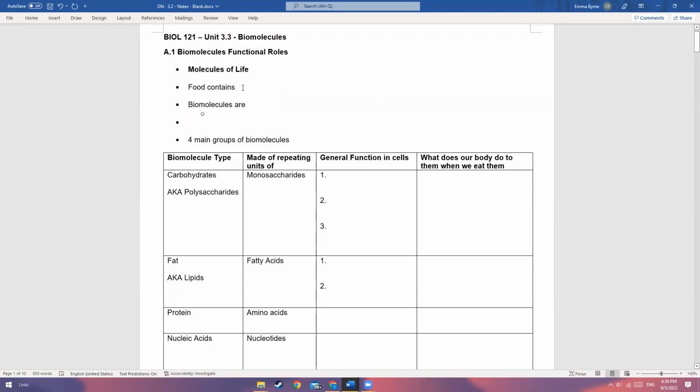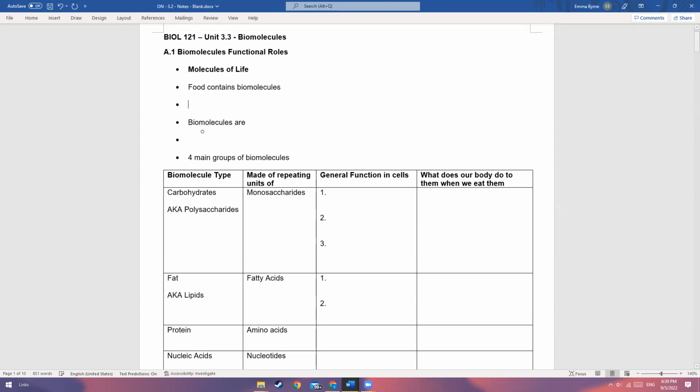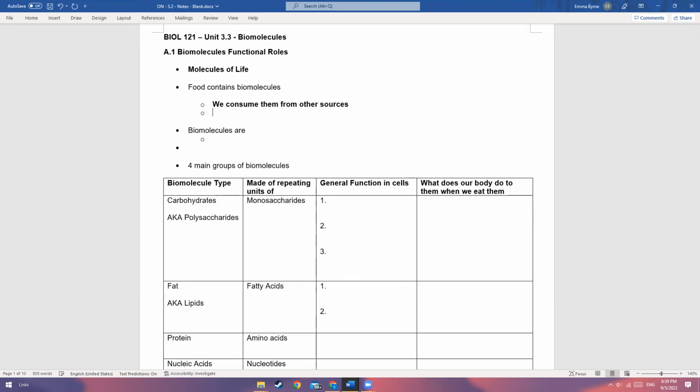So continuing on with that point, food contains biomolecules. And I'll put some sub-bullets here. So we not only consume them from other sources, but we consume that food to get two main things.